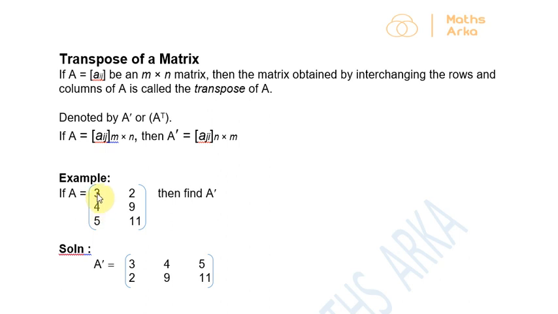So what we get, 3 4 5 in first row. Then whatever is in second column, we need to make it second row, 2 9 11. So 2 9 11 is the second row. So this is what we need to do with transpose. Just change the row to column and then things are done.